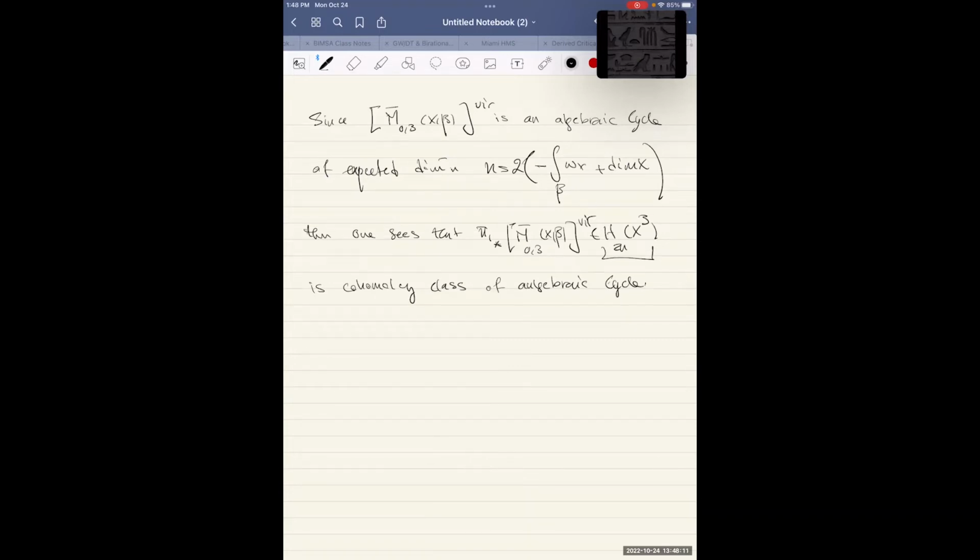And then from here, it is immediately seen that the integral of A cross B cross C over the push forward of this algebraic cycle is going to be 0 unless the degree of A times B times C, so this thing has degree equal to the degree of the cycle, and that's degree 2n.